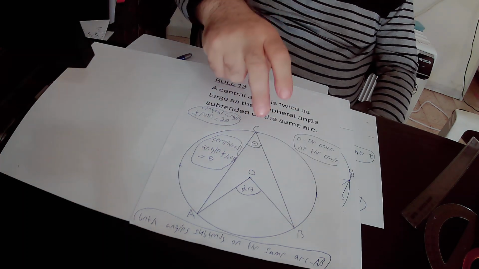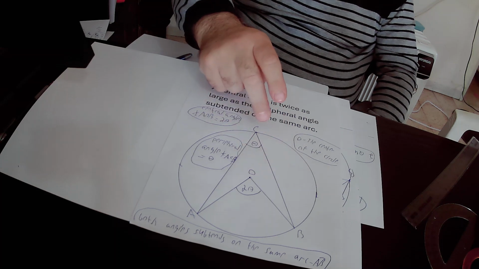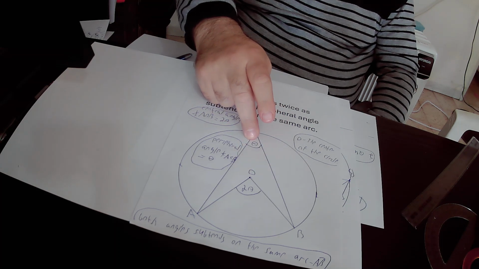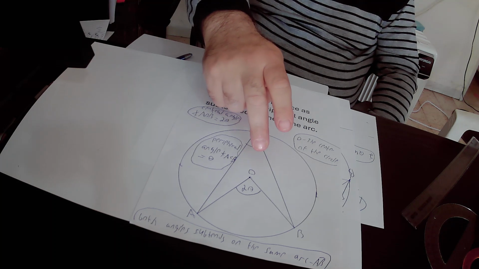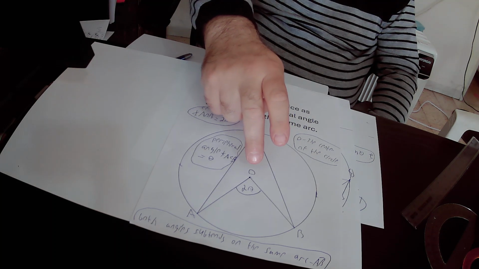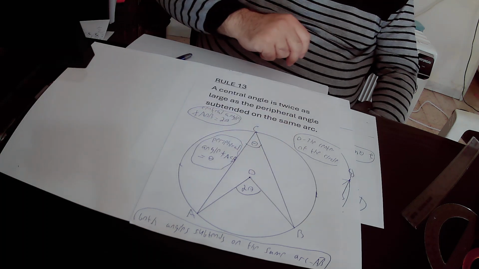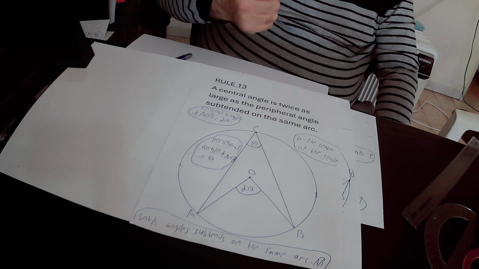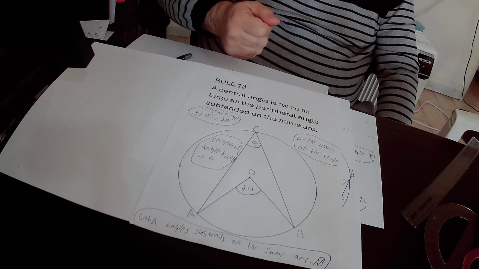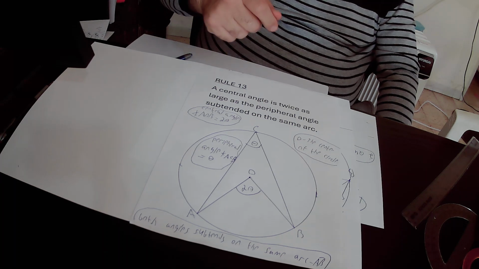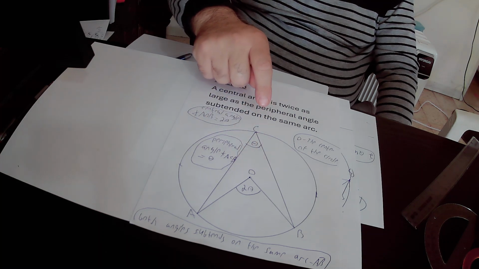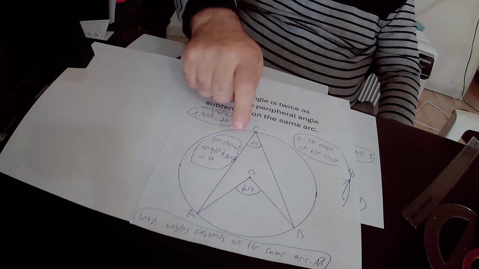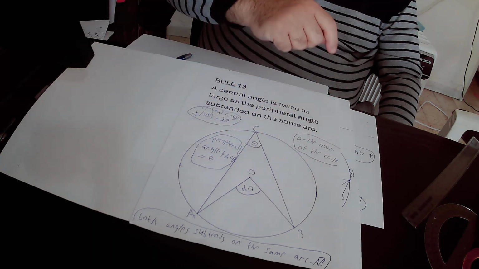So we have the peripheral angle subtended on the same arc as this central angle. And therefore, according to rule number 13, the central angle must be twice as large as this peripheral angle that is subtended on the same arc AB.